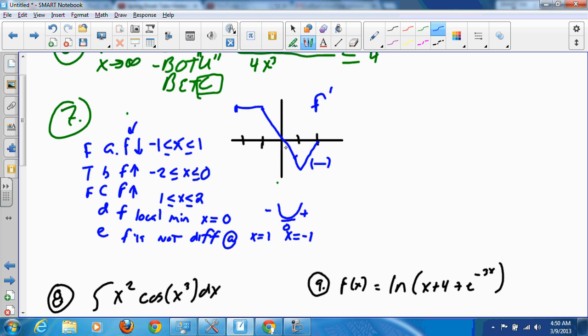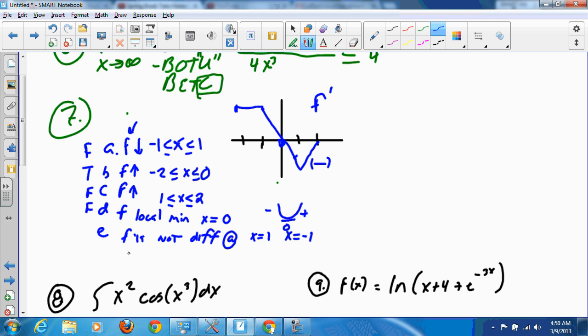To the left of the 0 point, it's positive right here. Then it hits 0, then the function would become decreasing here. So this is opposite of what they're giving us. That's false. This is actually a local max.